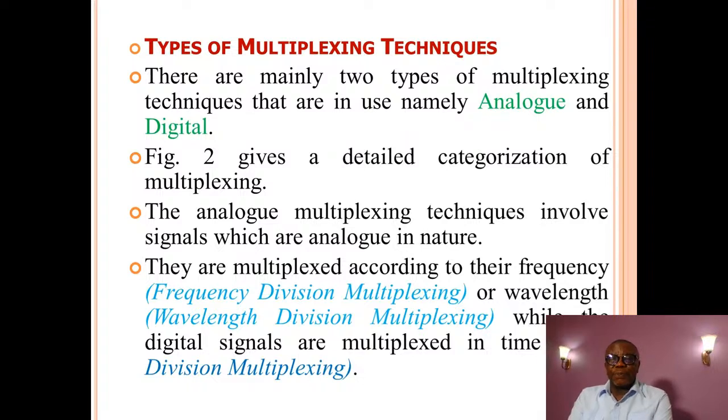The analog multiplexing techniques involve signals which are analog in nature. They are multiplexed according to their frequency, otherwise known as frequency division multiplexing or wavelength division multiplexing, while the digital signals are multiplexed in time and known as time division multiplexing.